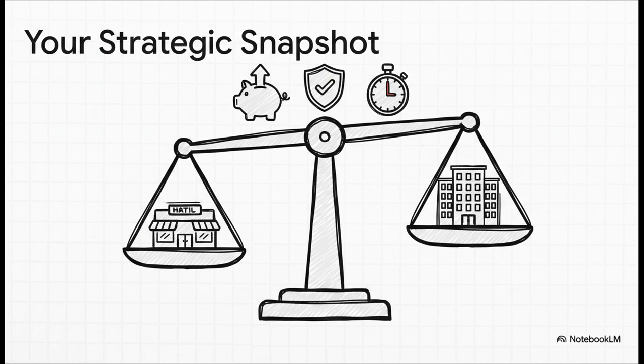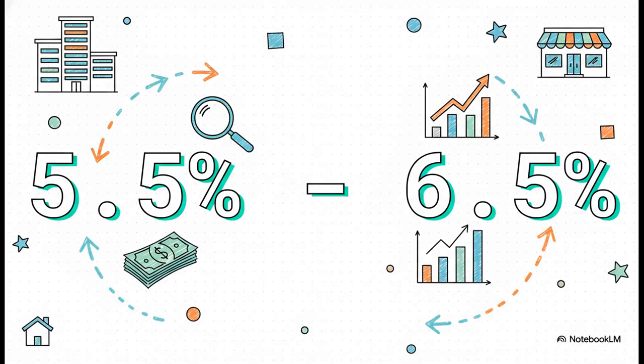Because a surprisingly high cap rate could actually be a red flag. But maybe most importantly, it's the great equalizer. It lets you compare a retail center in, say, Phoenix to an apartment building in Austin on a true apples-to-apples basis. And just to give you some real-world context here, the average national cap rate for commercial properties in the U.S. in 2023 was hovering right around this 5.5 to 6.5% range.